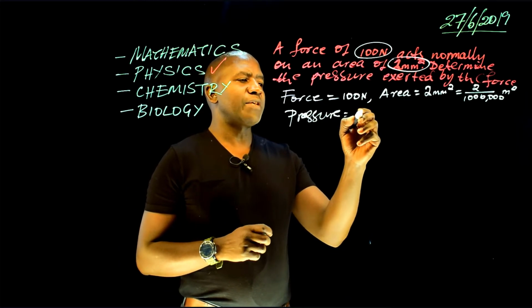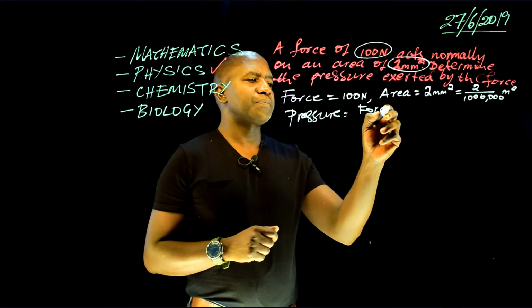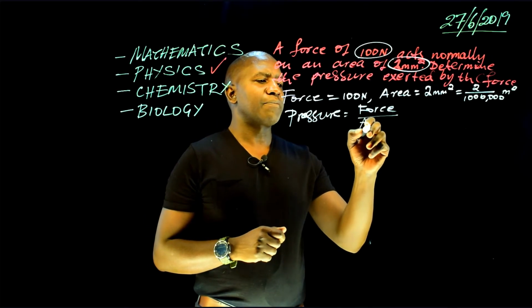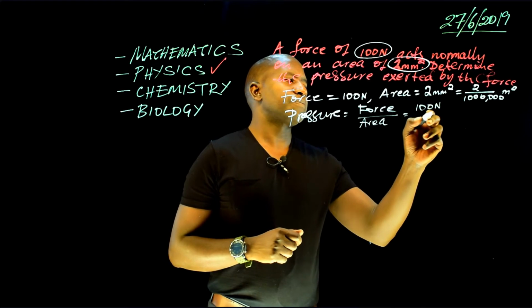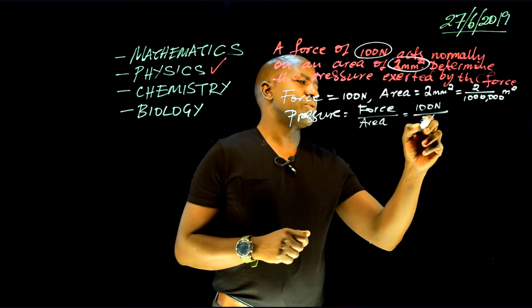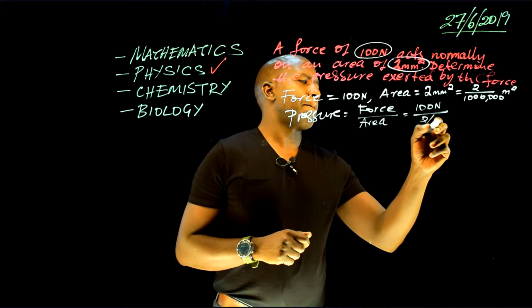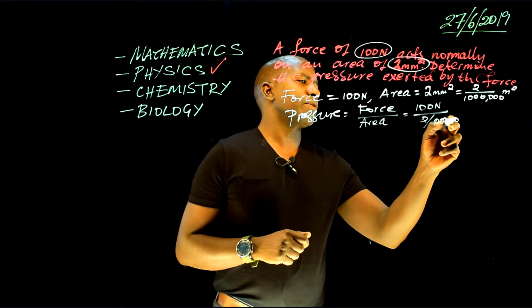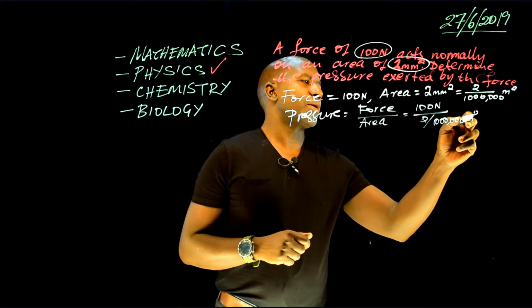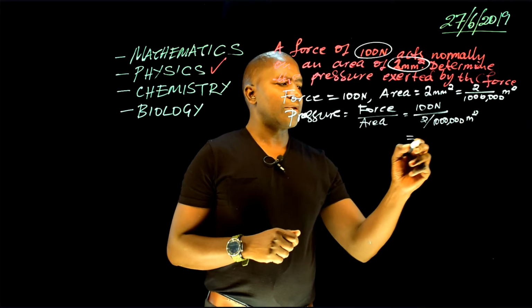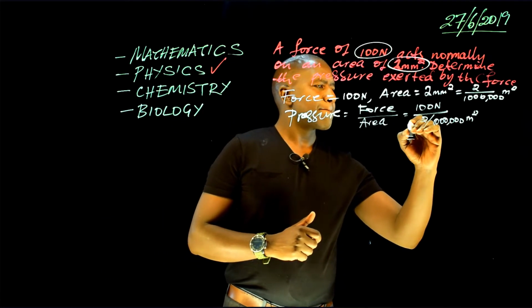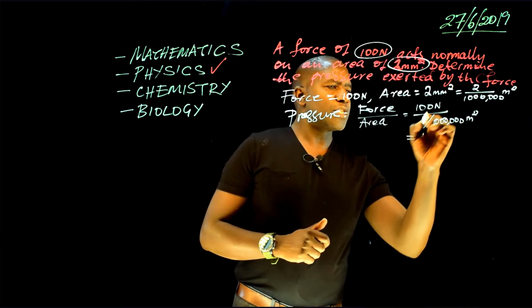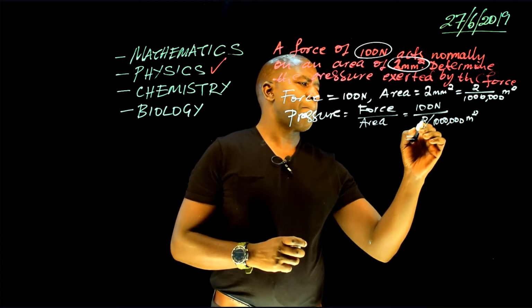So when it comes to calculating the pressure, I would simply divide the force by the area. The force is 100 newtons, divided by 2 over 1 million, everything meters squared. And you can see this answer will give us, 2 divides here, we get 50.